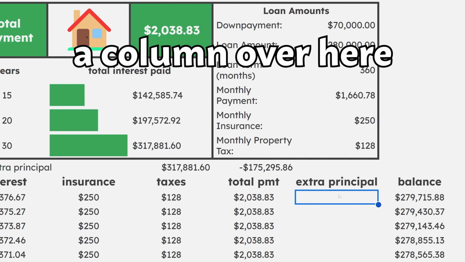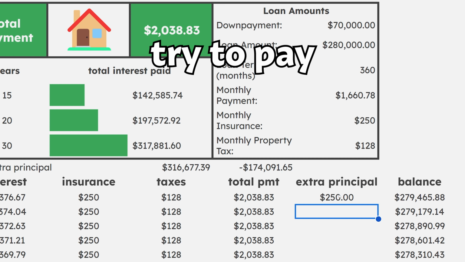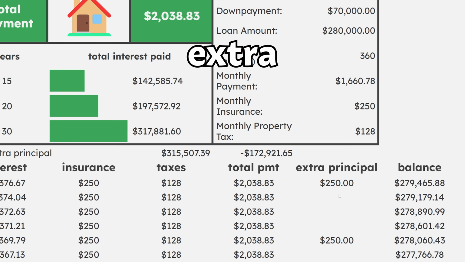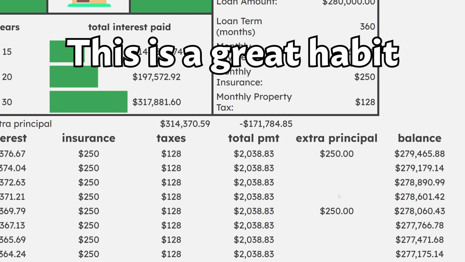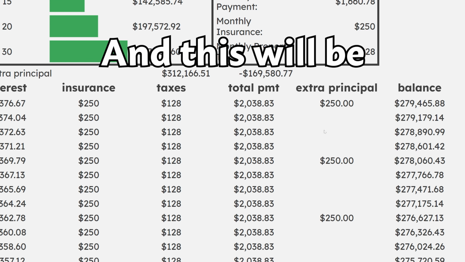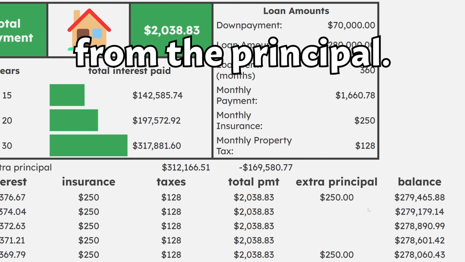And I've left a column over here if you want to try to pay every few months extra toward the principal. This is a great habit if you can afford it. And this will be also deducted from the principal.